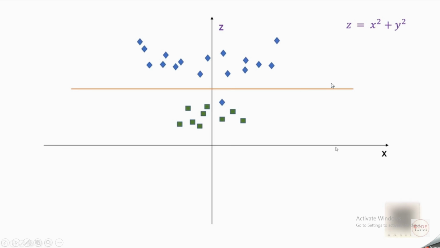And this Z is nothing but, as I told you all in the previous lecture, from 1D to 2D or from 2D to 3D, you need to carry out transformation. And the transformation is done with the help of a kernel. So this transformation is your kernel. Kernels are of different types like linear kernel, RBF kernel, radial basis function. We will see these kernels, how we can use them in SVM.